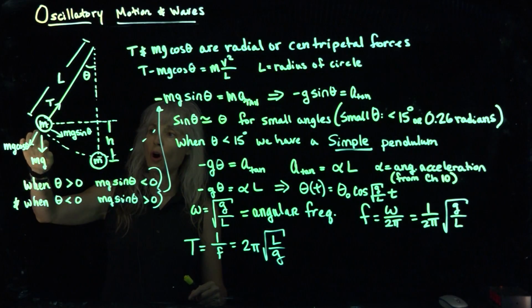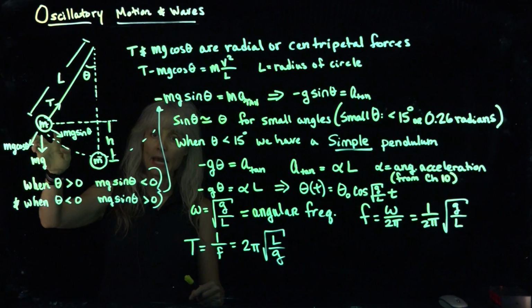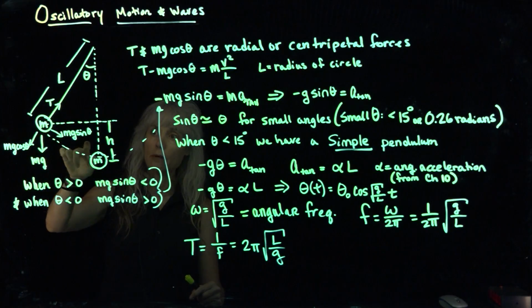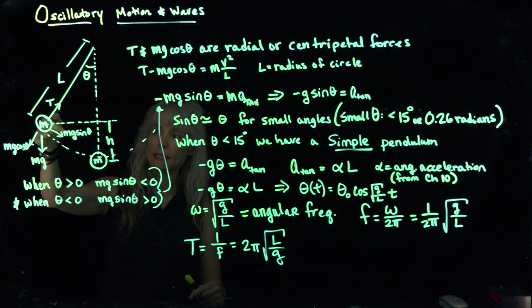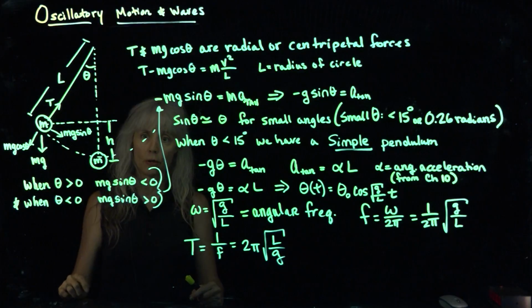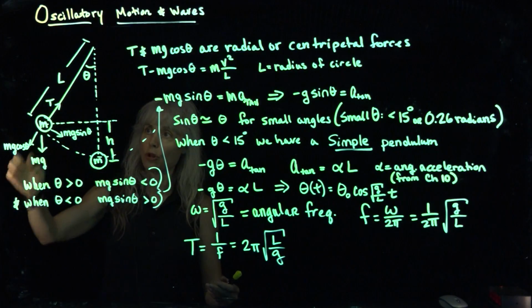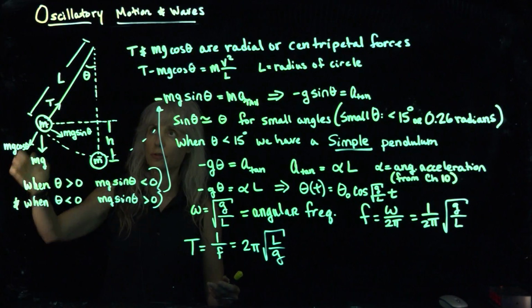I can resolve mg into component pieces that are centripetal and tangential. Mg sine theta is tangent to the motion. And mg cosine theta is centripetal or radial, lies along a line that goes through the center of the circle.